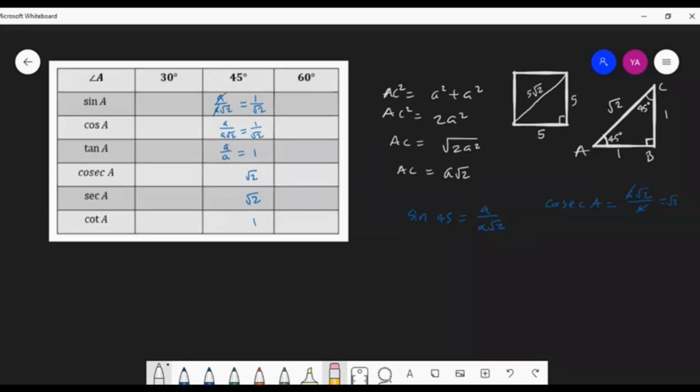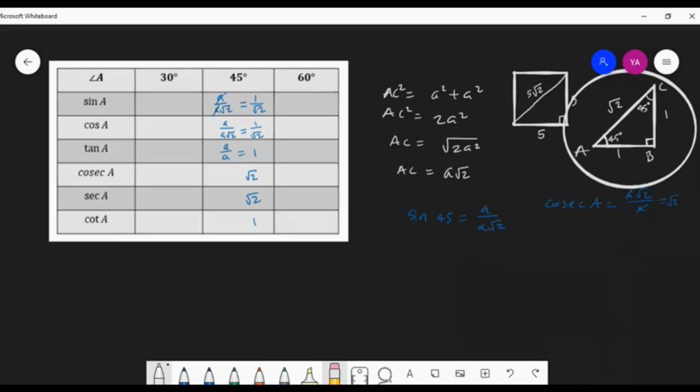So you simply memorize this triangle, then you can form these 6 values if you have this triangle in your mind: 45, 45, 90 degree triangle with perpendicular sides 1 and hypotenuse root 2. Then looking at this triangle, you can form these 6 ratios.